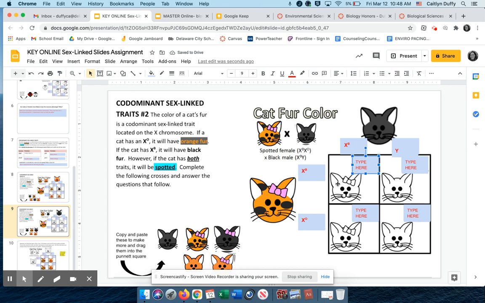On this side, we're going to have two X's, so those are going to be females. On this side, we are going to have XY, so those are going to be males. And we're just going to stick those alleles together and see what type of offspring we have.